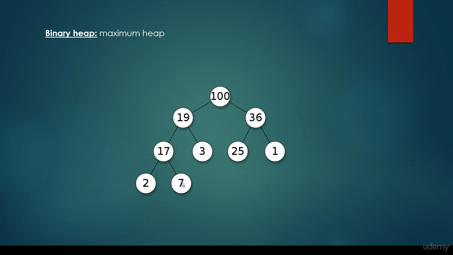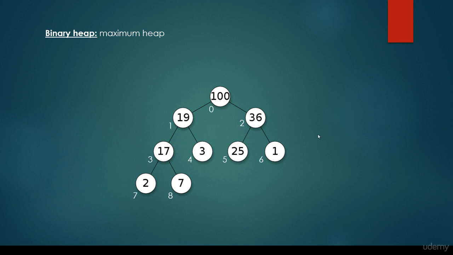So it's not like binary search trees, where the left child has to be smaller than the parent and the right child has to be greater. For a binary search tree, the right child is always greater than the left child. For heaps, this is not true. 17 is greater than 3, but 2 is not greater than 7. It doesn't matter. What's important is that the parents are greater than the children.